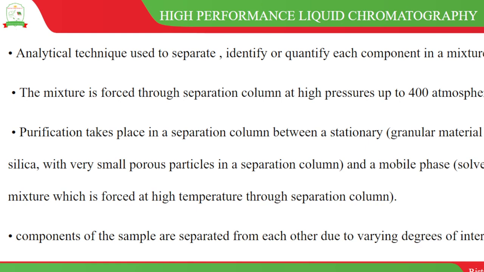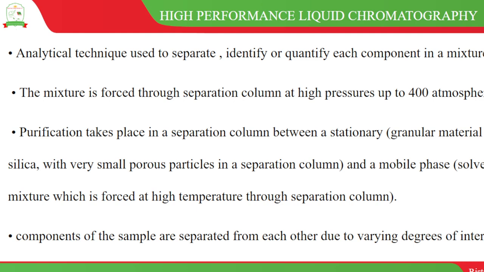Once the sample is forced through the separation column under high pressure, purification takes place in the column. The stationary phase, the granular material, is separated away from the mobile phase, like the solvents, which keep moving on.